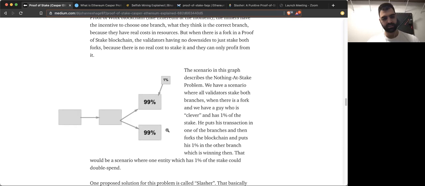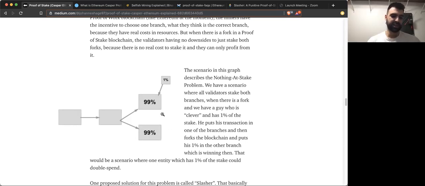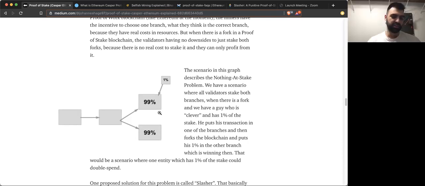Yes, exactly. At a certain time point, when you're the one trying to decide where to mine on top of, every time it's my turn to decide, I'm just going to put a block on both. Because in case one of these chains wins, I'll get rewarded on that chain. If I pick one, and the other one wins, I'll lose money.